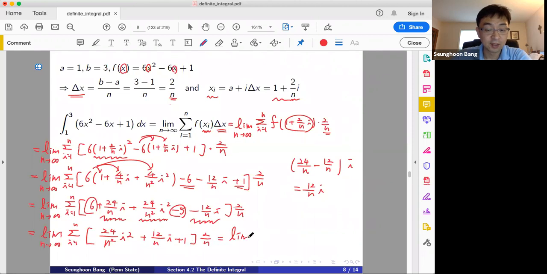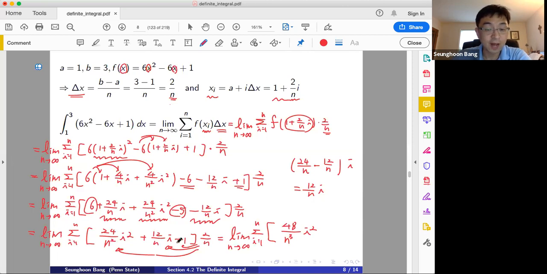Next, limit as n approaches infinity. You can distribute 2 over n to the first, second, and third terms. Summation, i equal 1 to n. The 24 times 2 is 48, n squared times n is n cubed, i squared.